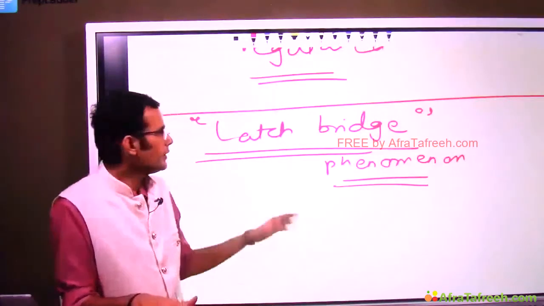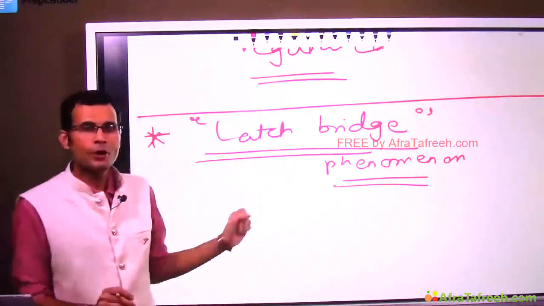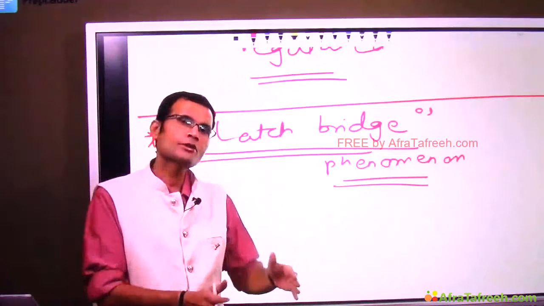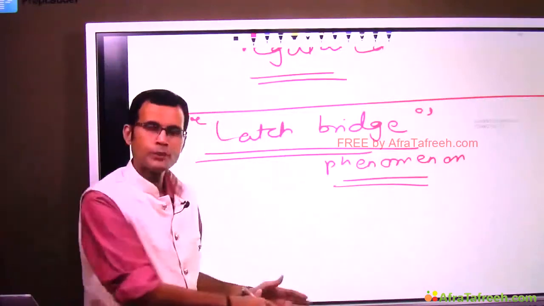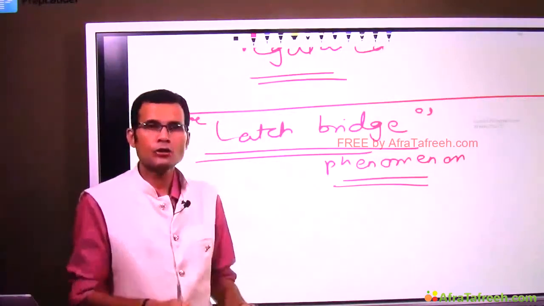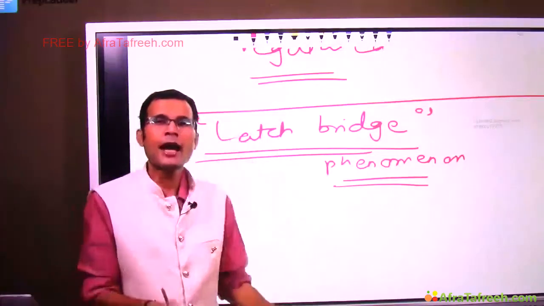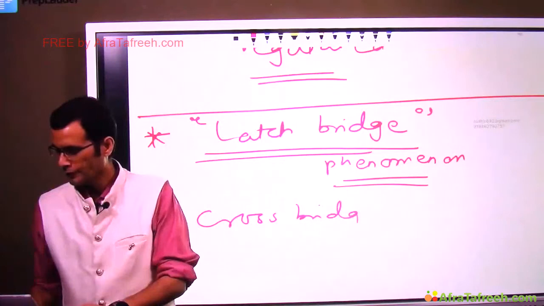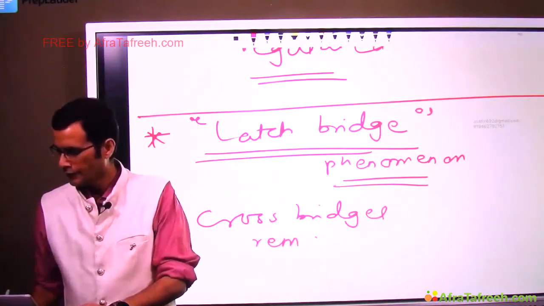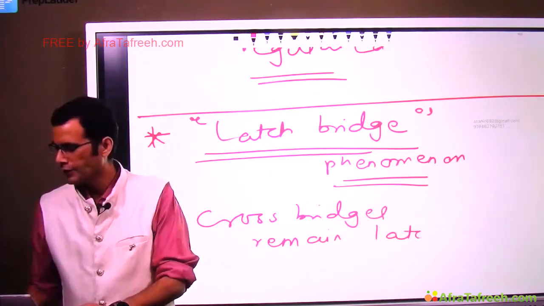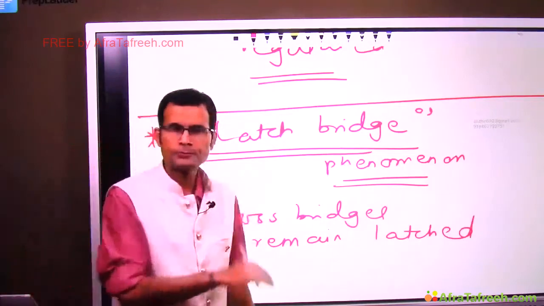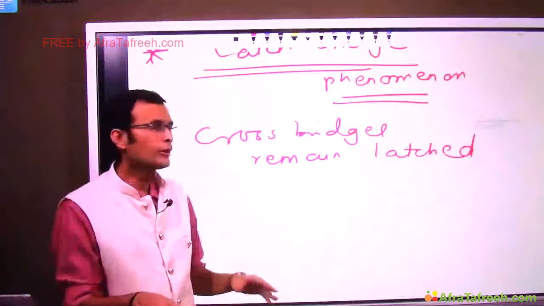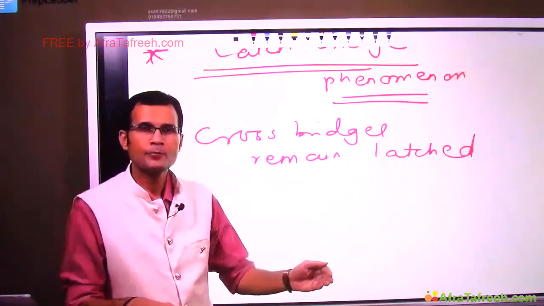So what happens is, latch bridge phenomenon means after a certain percentage of cross bridge cycling has happened in the smooth muscle, the cross bridges remain latched, like a door latch, and that means there will be no further cross bridge cycling.